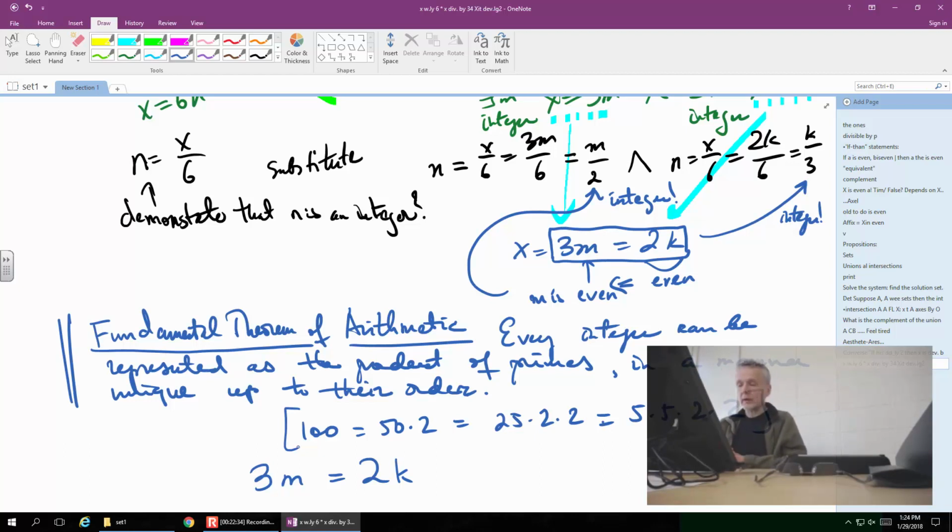On the other hand, since we have 2 on the right, there must be 2 somewhere on the left. These are 2 equal integers, and so they have identical factorizations. So the same factorization on the left and on the right, which means that if there's a 2 on the right, you have 2 on the left somewhere inside of M. Okay, so that's the argument we just did before we got to this theorem.